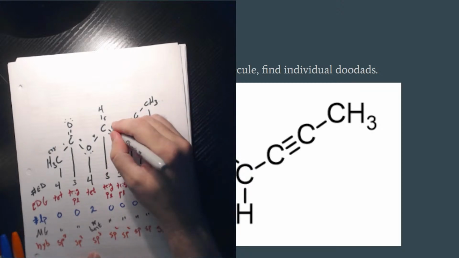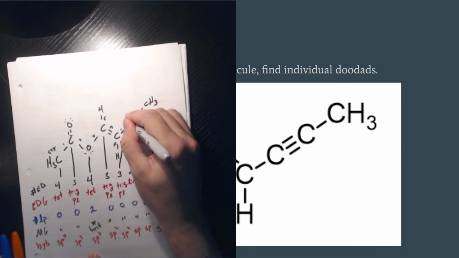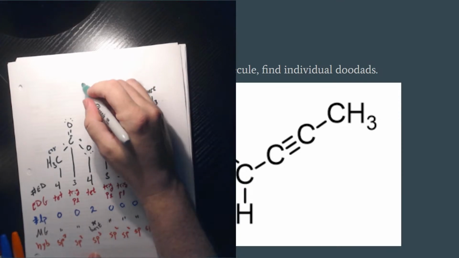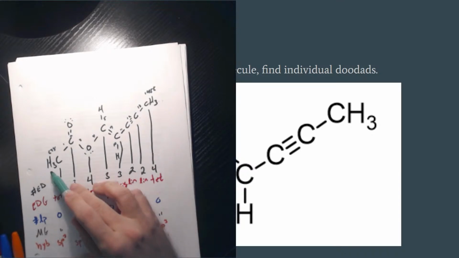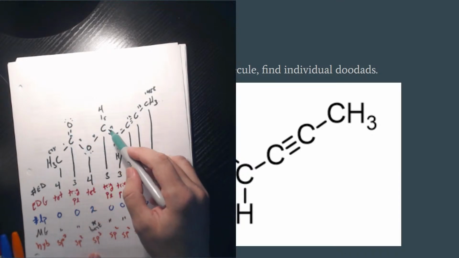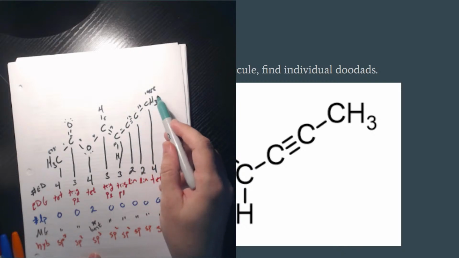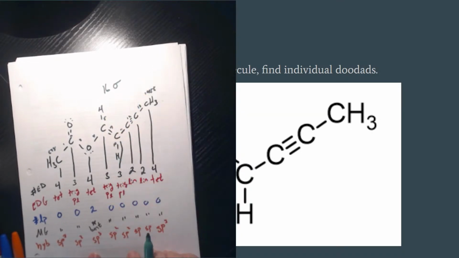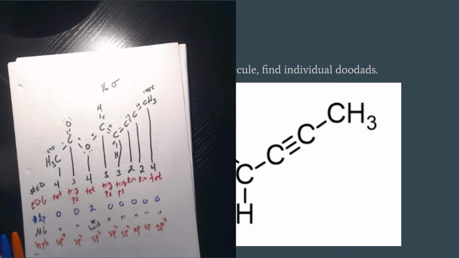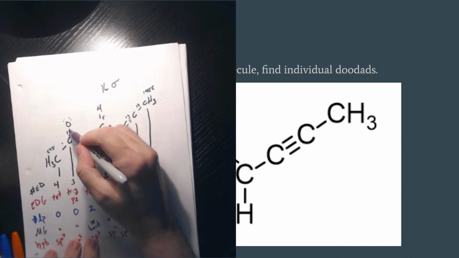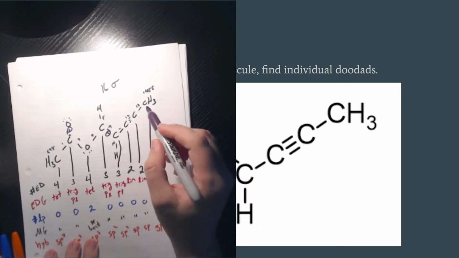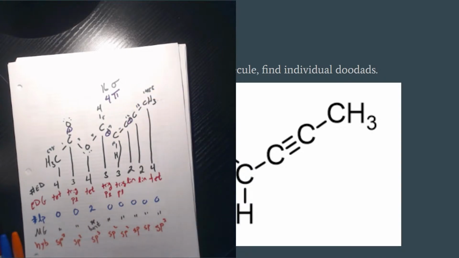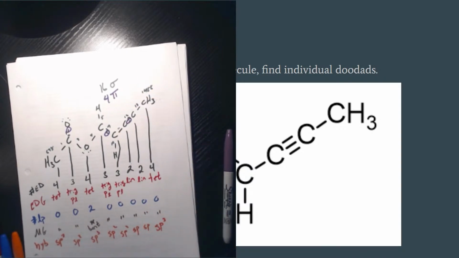I can't forget the hydrogens. 9, 10, 11, 12, 13, 14, 15, 16. So we have 16 sigma bonds in this molecule. And for pi, we have 1, 2, 3, and 4. So we have 4 pi bonds in that molecule.